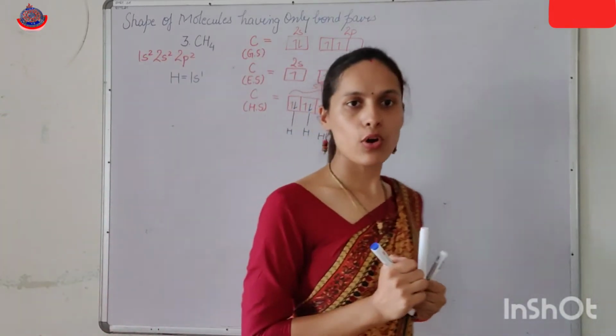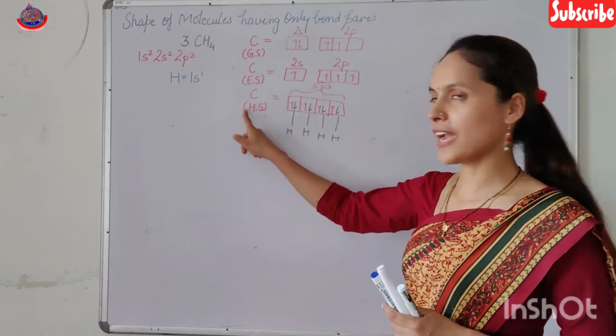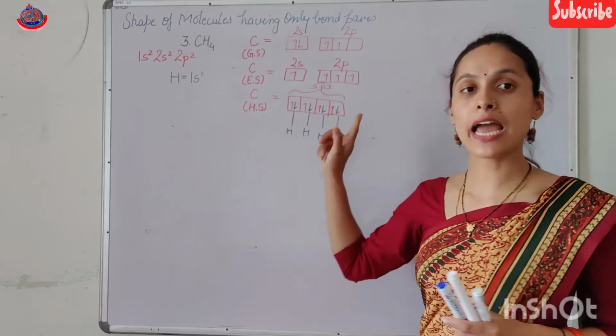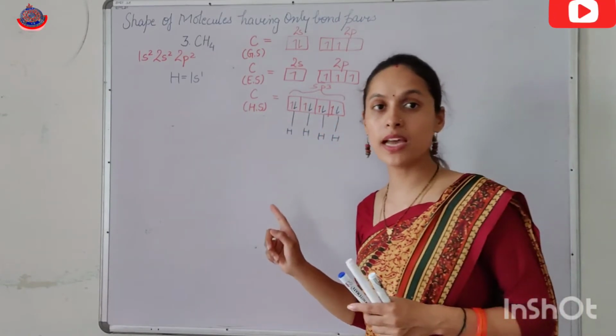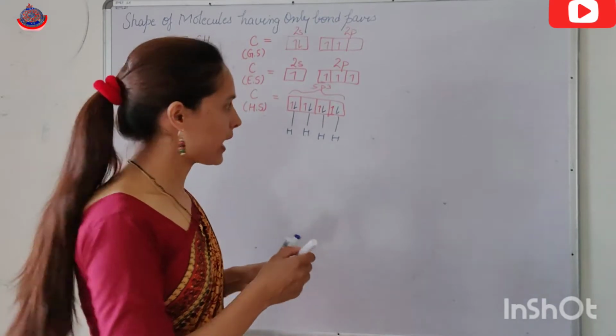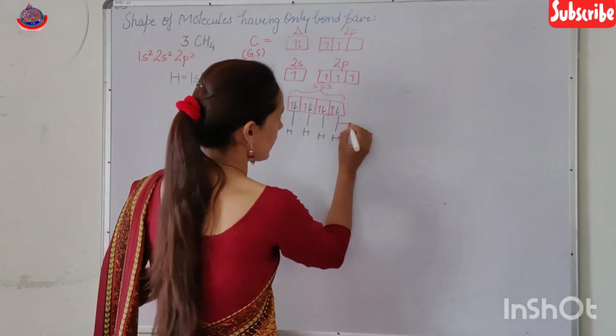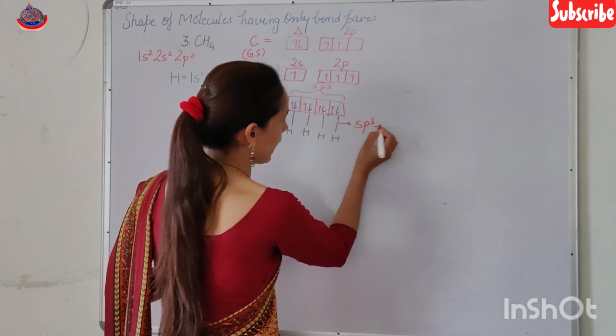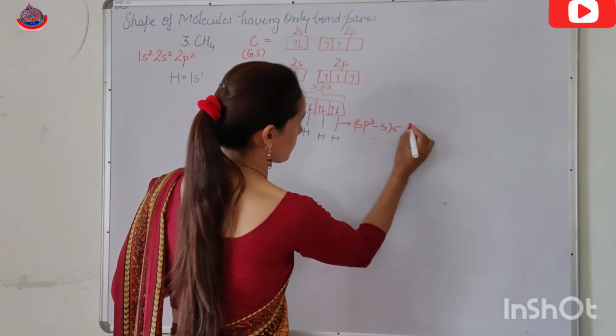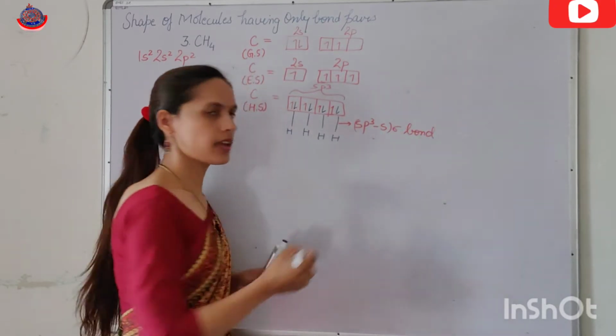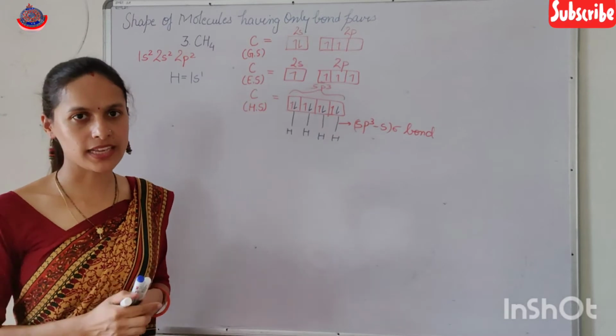It means the s orbital of hydrogen combines with the sp3 hybrid orbitals of carbon to form the sigma bond. That's why the name of this bond is sp3-s sigma bond.